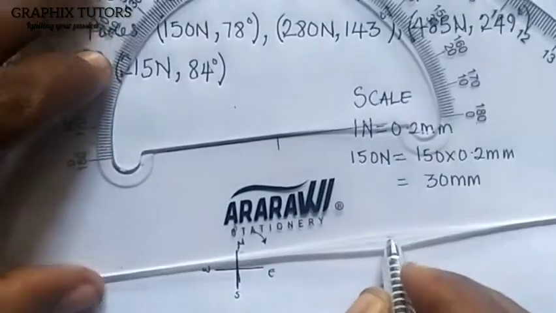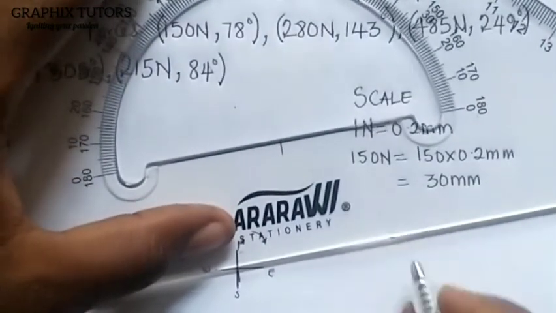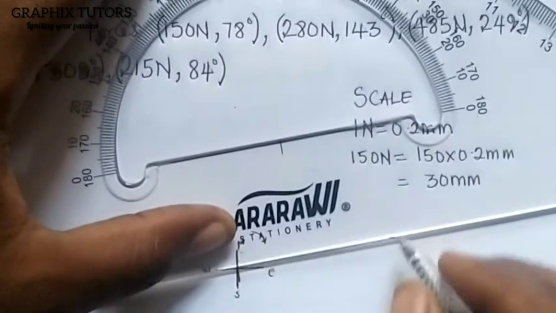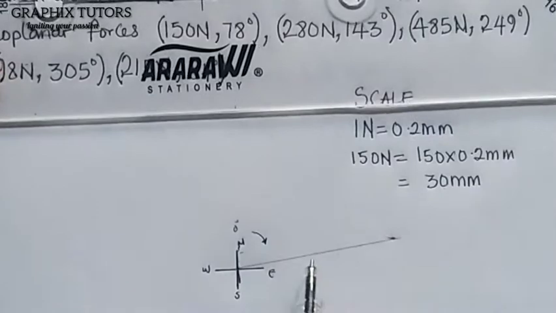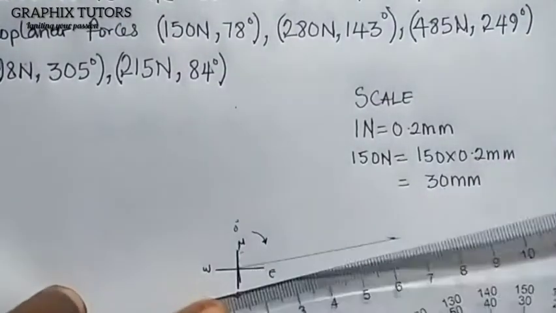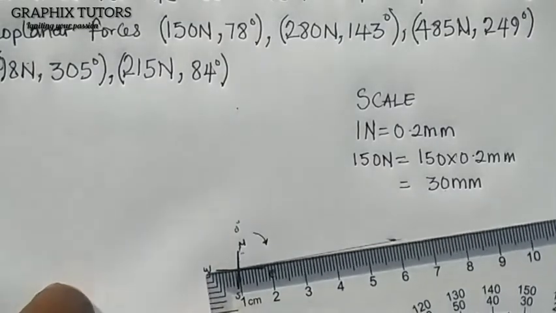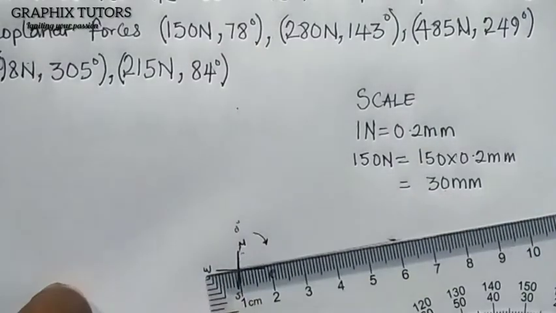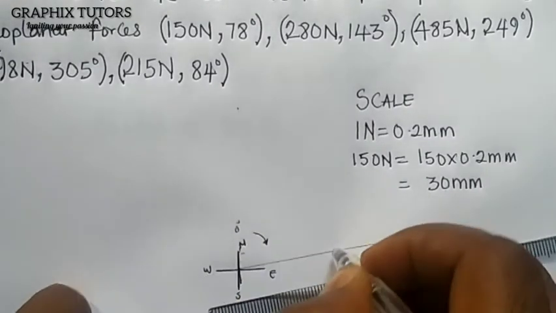I am going to draw my line from this center here. I'll use a faint line first because I'm not sure. Can you see that? And I'll measure 30 millimeter on this line. With the help of my meter rule, I'll place it here, starting from 1. So this is 0, 10, 20, 30, and this will stop at 4.